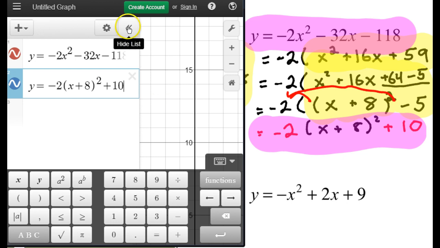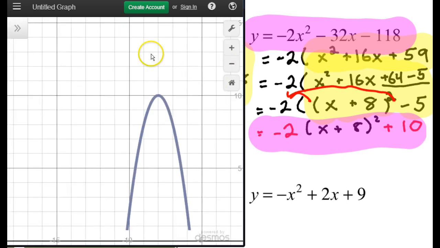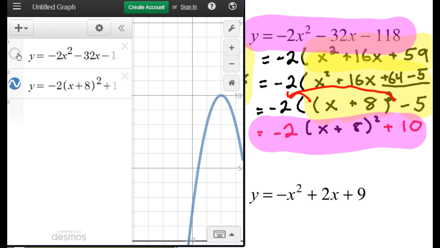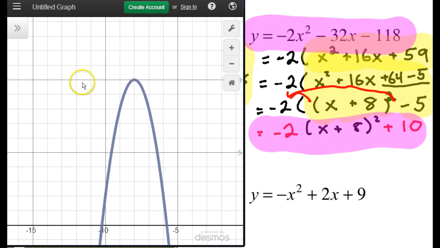There we have it. And there they both are. Same equation. Same graph.